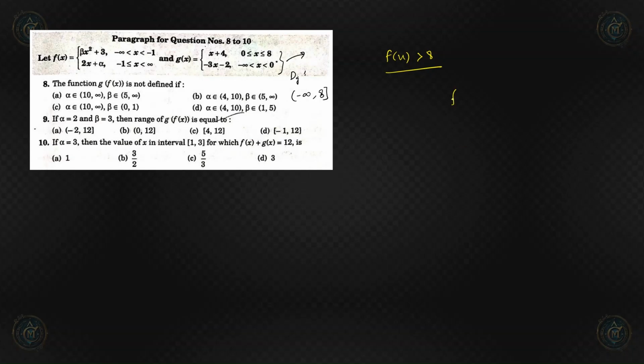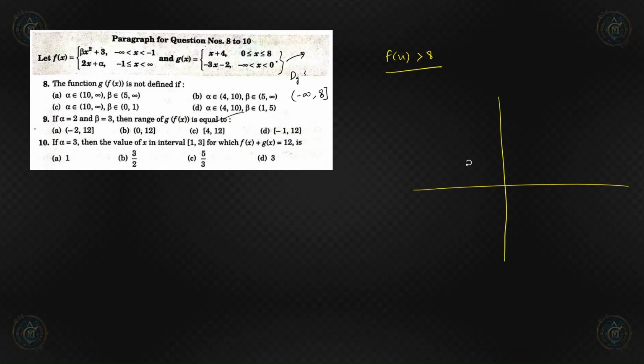So let us first understand this f(x). Okay, so f(x) is βx² + 3 when minus infinity less than x less than minus 1, right? So let us try to draw the graph of this function f(x). Okay, so from minus infinity to minus 1, the function is βx² + 3. That is, if we try to find the value at x equal to minus 1, this becomes β + 3, right?